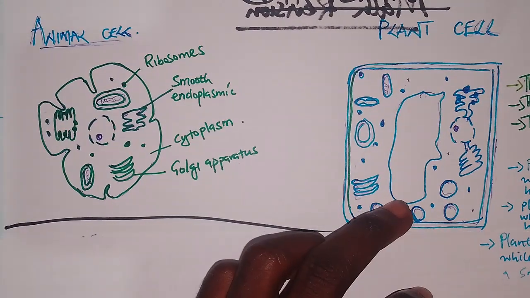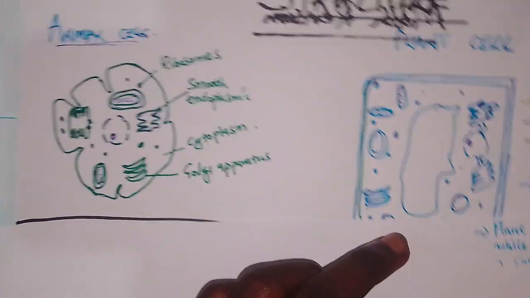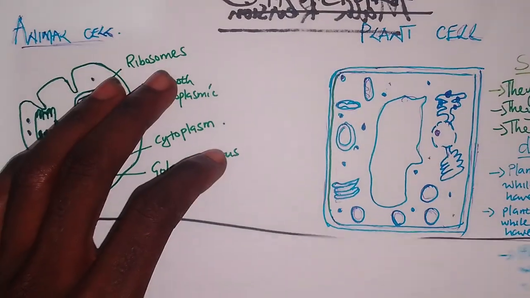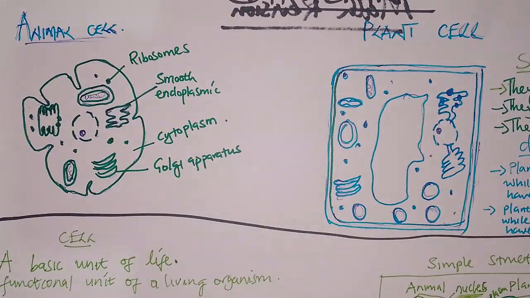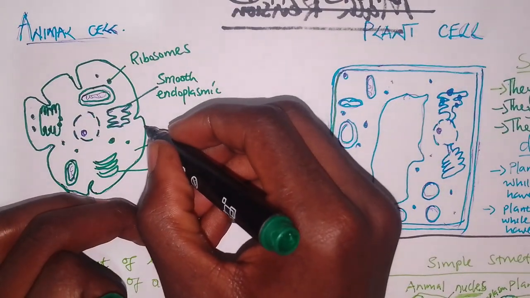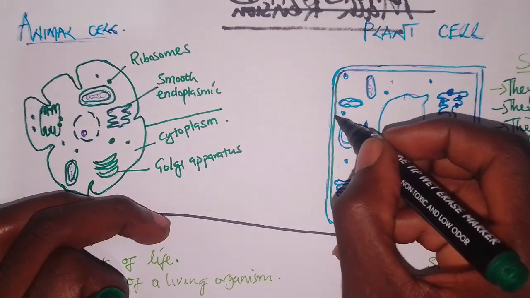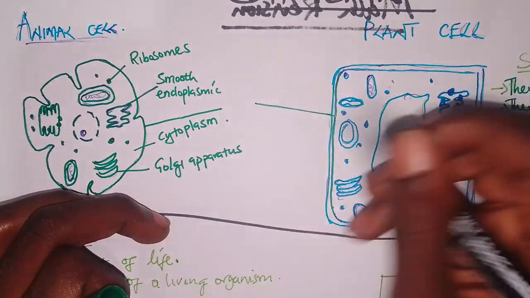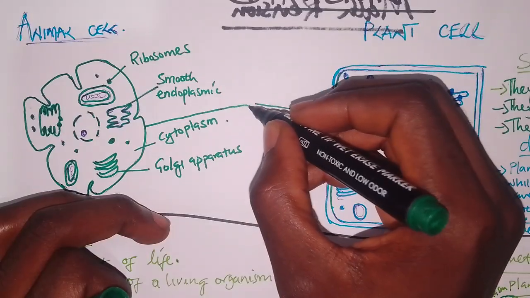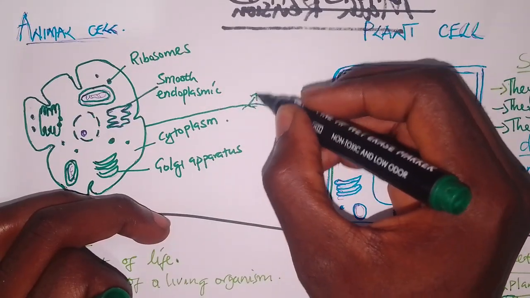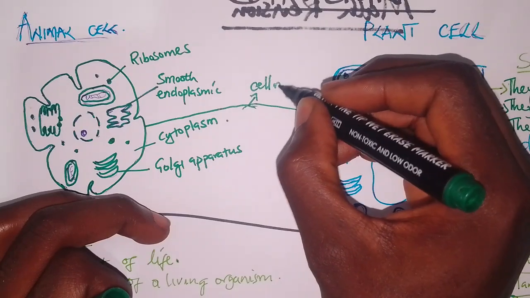Our first structure, from the simple structure, is this structure, and also this green part, which is known as the cell membrane.